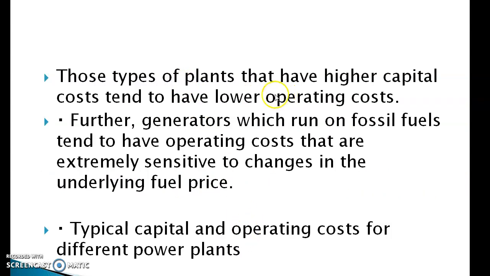Those types of plants that have higher capital cost tend to have lower operating cost. Further, generators which run on fossil fuels tend to have operating costs that are extremely sensitive to changes in underlying fuel price.